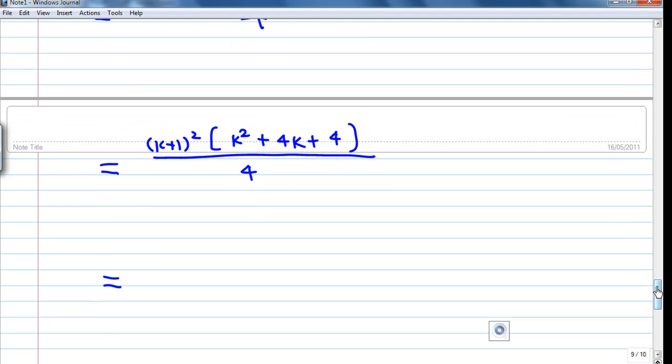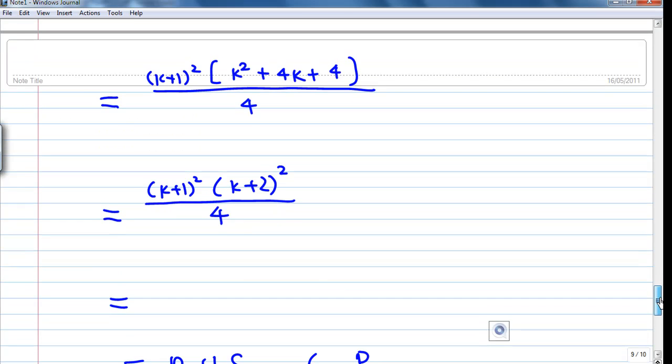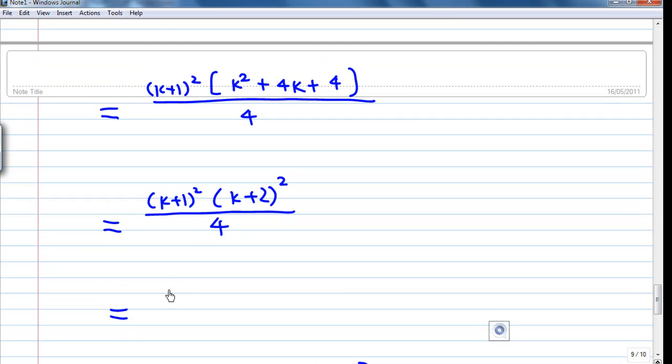Now k squared plus 4k plus 4 is a perfect square, which is k plus 2 squared. Since this is a perfect square, and again the term is a perfect square, this is k plus 1 times k plus 2, divided by 2, then squared again.